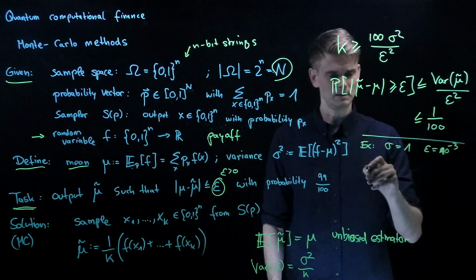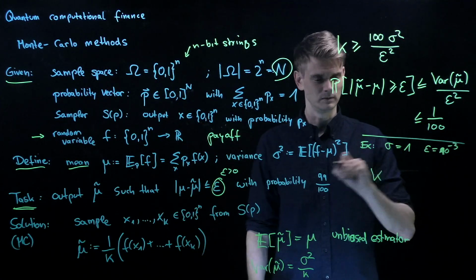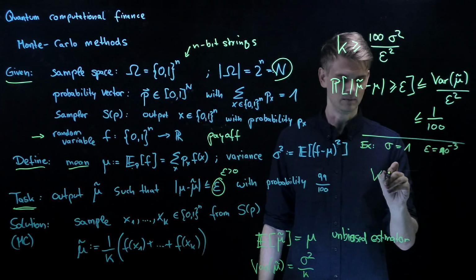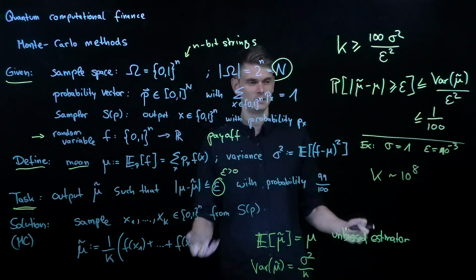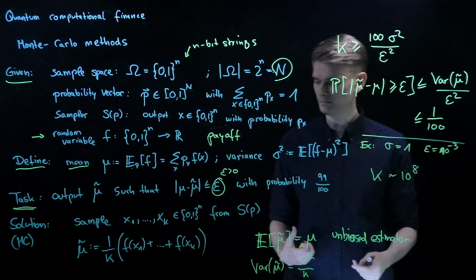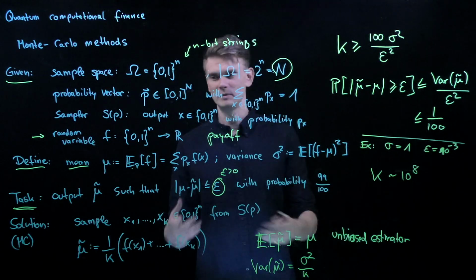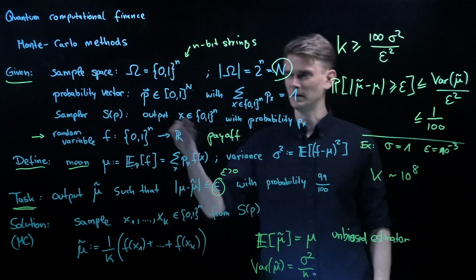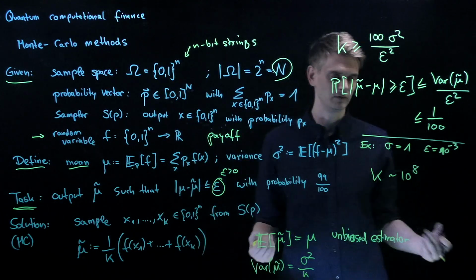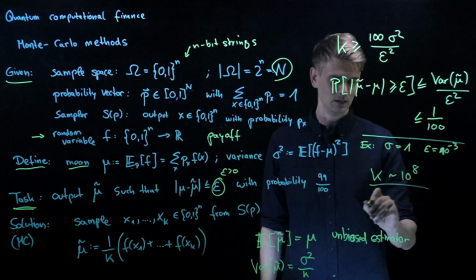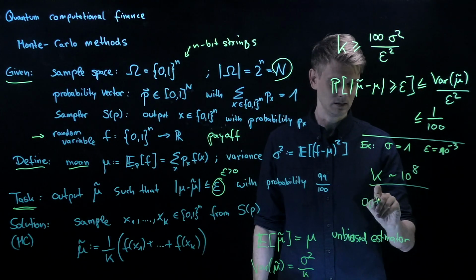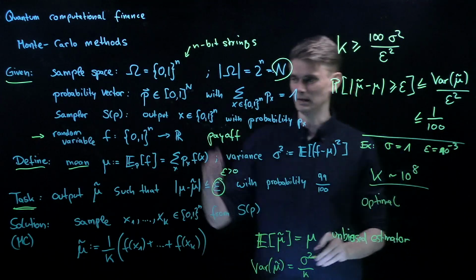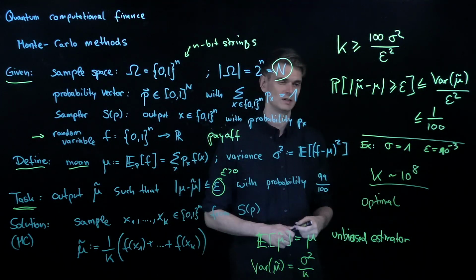If you plug in these numbers, then we obtain that the number of samples has to be around 10 to the 8. This is 100 million samples. Of course, that is a lot of samples, and in some cases, accessing the sampler can be very inefficient. However, this has been shown to be optimal in the setting if we don't make any more assumptions.